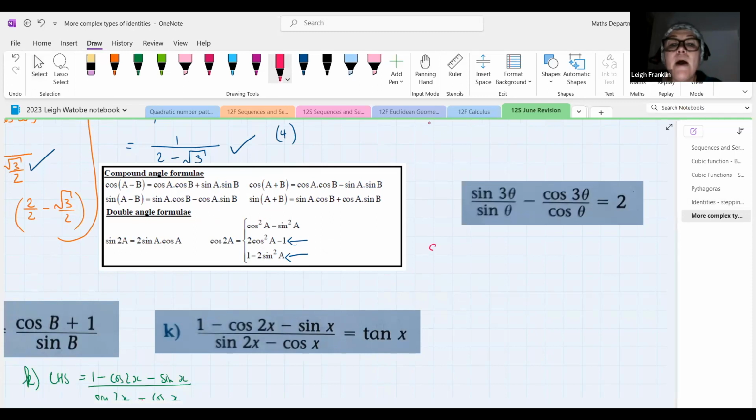You can rewrite sine 3 theta as sine 2 theta plus theta, and then use compound angles. You can write cos 3 theta as cos 2 theta plus theta, and then use compound angles. Okay, so good thinking, Jude. Well done.